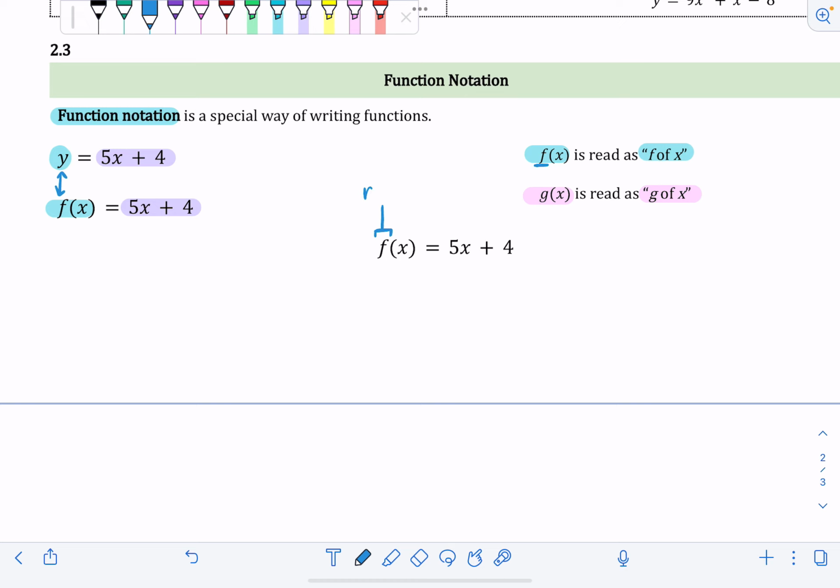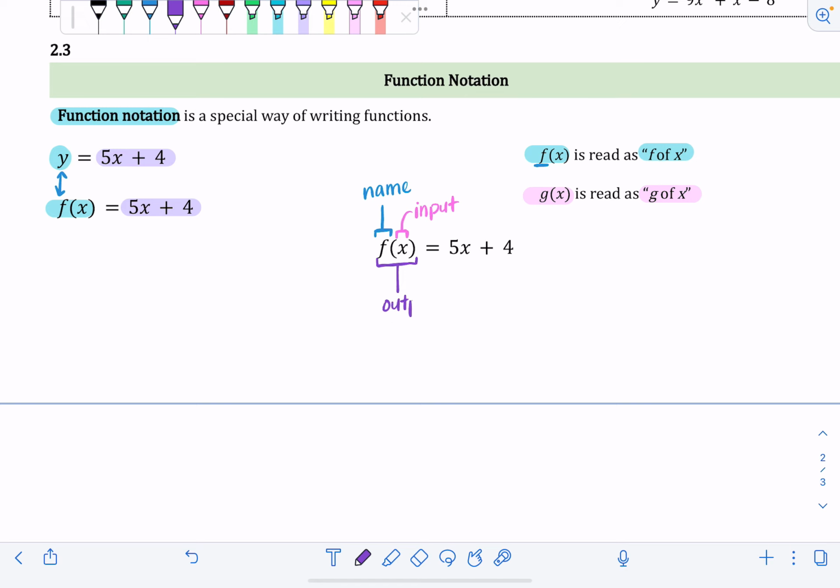The name of the function would be f. And then the x is the input. And then f of x, the value of it, which we're going to learn a lot more about, is going to be the output.